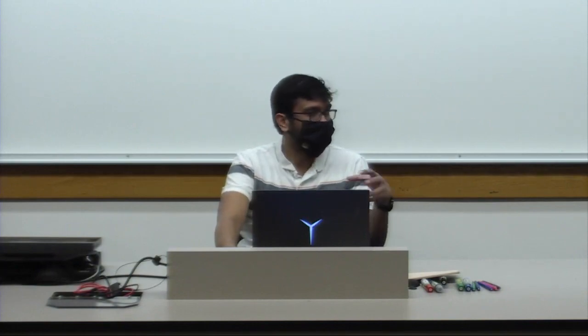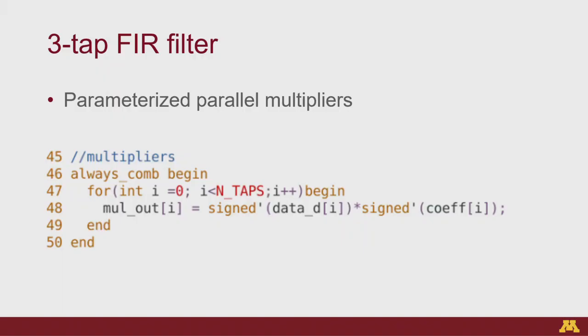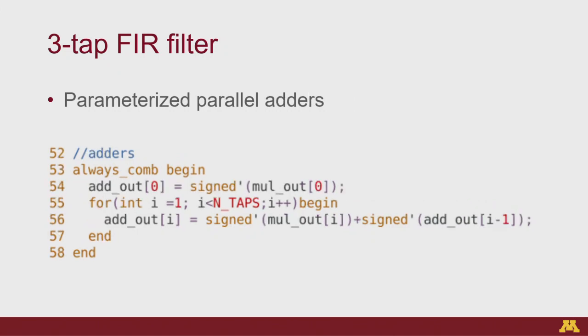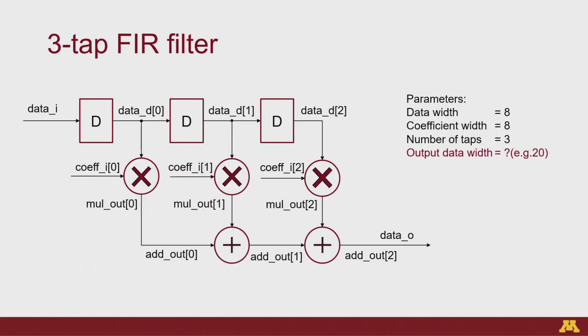Similarly, for multipliers, for each particular tap, we multiply the data and the coefficient. Again, we can use a nice for loop to iterate through all the taps to do the multiplications. Similarly, we can use another for loop to implement the adders. If you remember, it basically adds the same index multiplier with the previous index result, right?